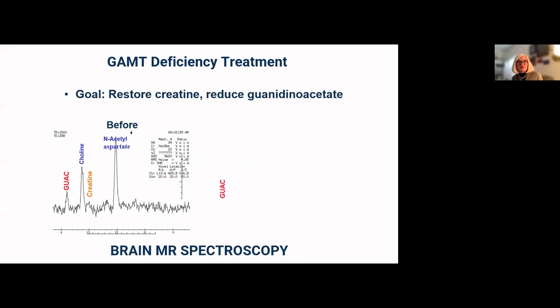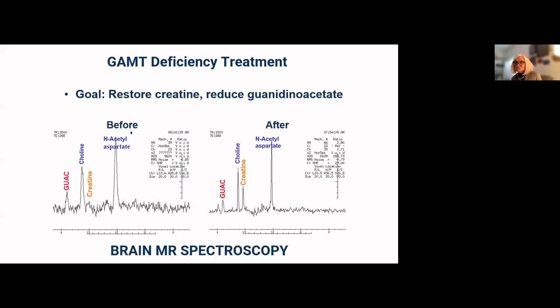So here on the left, before treatment, you can see that there is N-acetyl aspartate, choline, no peak of creatine, and you can see a peak of guanidinoacetate. Next. On the right, this is the same patient after treatment. And now you can see that creatine appears and guanidinoacetate is also reduced.